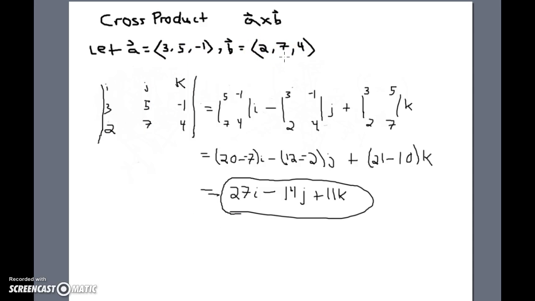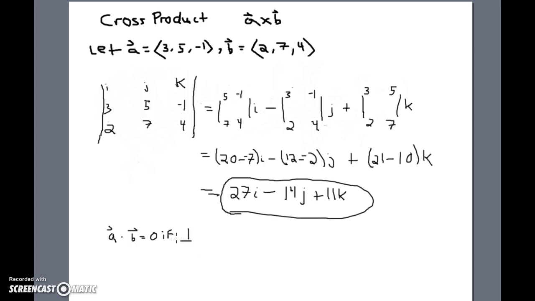Now you might be wondering how you could check your work. Well, here's one big way of doing so. You know the definition of cross product. Therefore, think about it now in terms of dot product. You know that the dot product between two vectors is 0 if the vectors are perpendicular to each other.